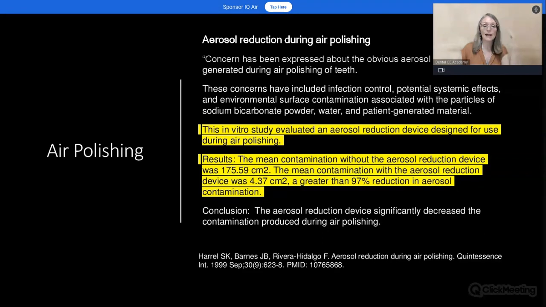If you've ever been in a practice that uses air polishing, you can put your hand on the surface and feel the fine film of the polishing material, right?